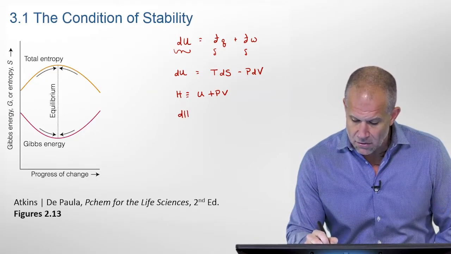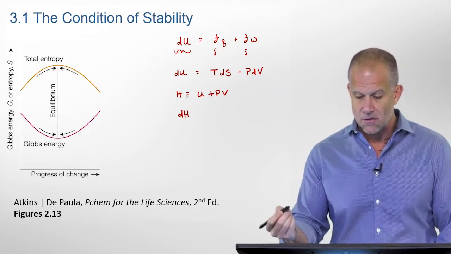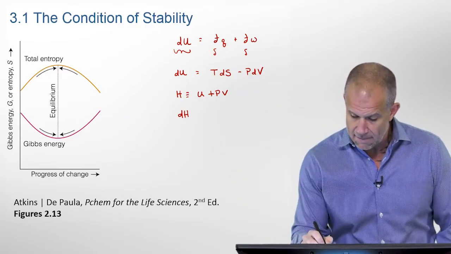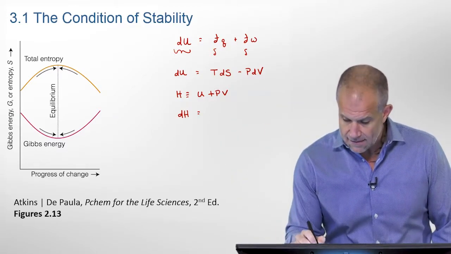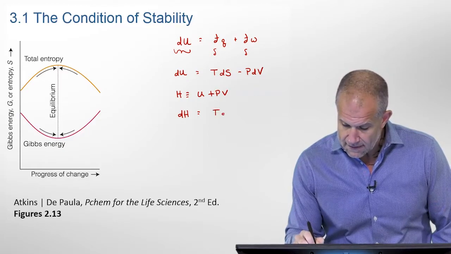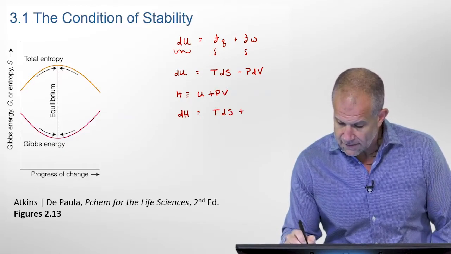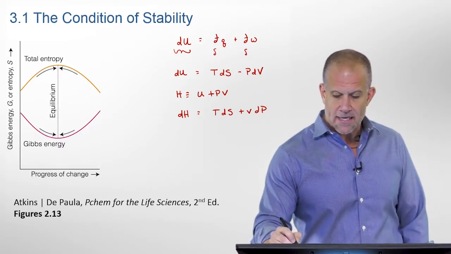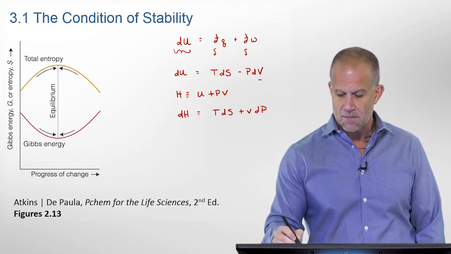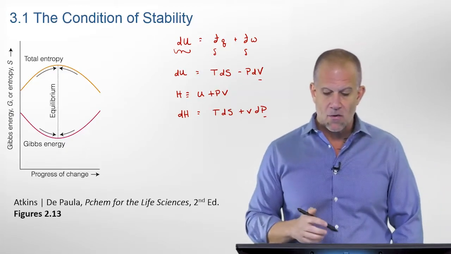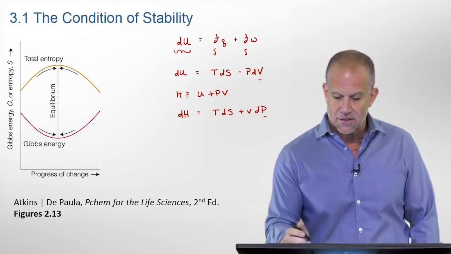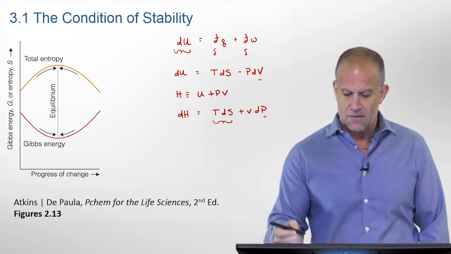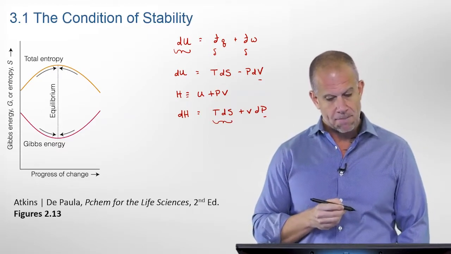And so now we can look at this energy, instead of the internal energy, we can look at an energy that is called the enthalpy, and that is TdS plus VdP. So now we've changed our dependent variable from volume to pressure. And so under constant pressure conditions, the change in enthalpy is related to the change in heat.